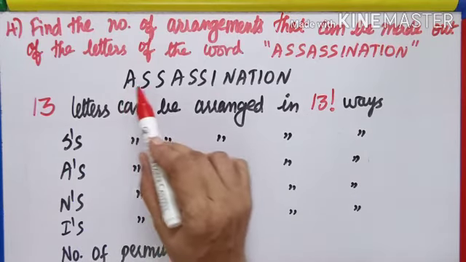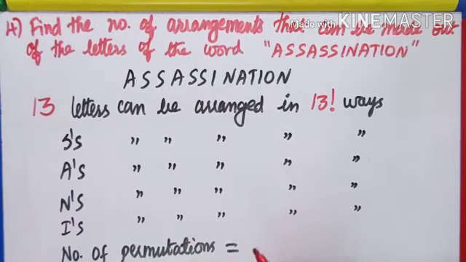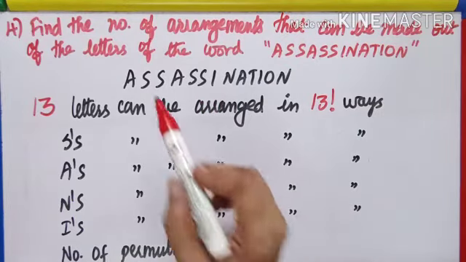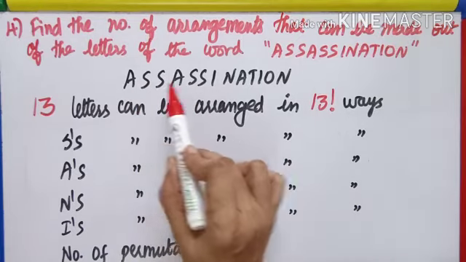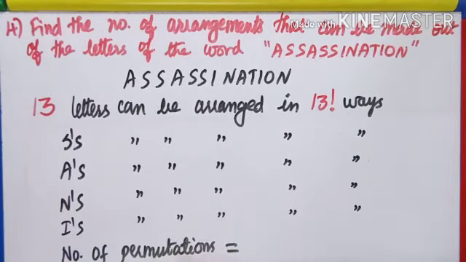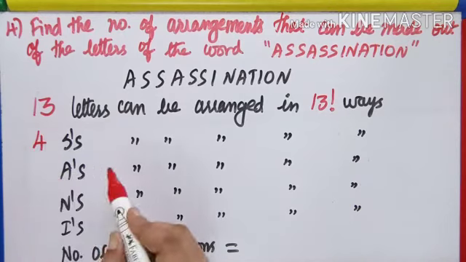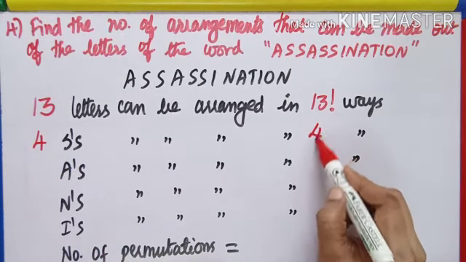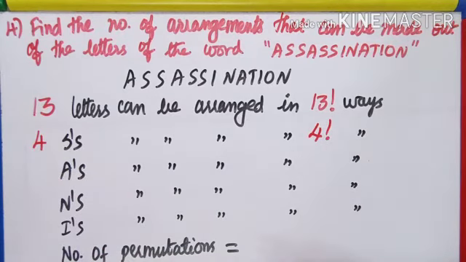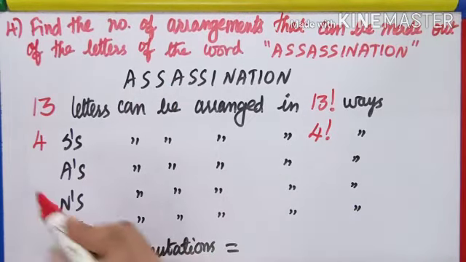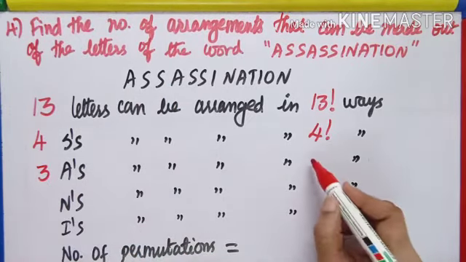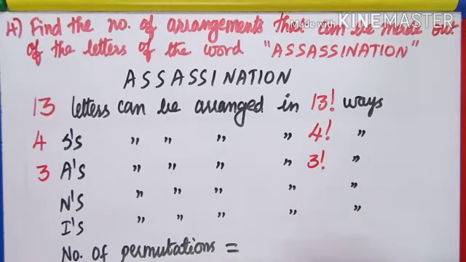But certain letters are repeated. Which letters? 1, 2, 3, 4. So S is repeated 4 times. So 4 S can be arranged in 4 factorial ways. How many A's are repeated? 1, 2, 3. 3 A's can be arranged in 3 factorial ways.